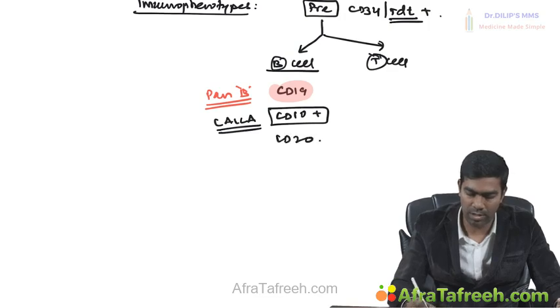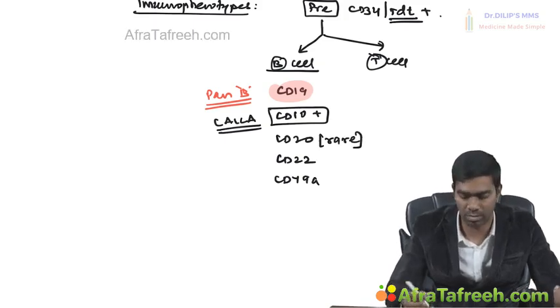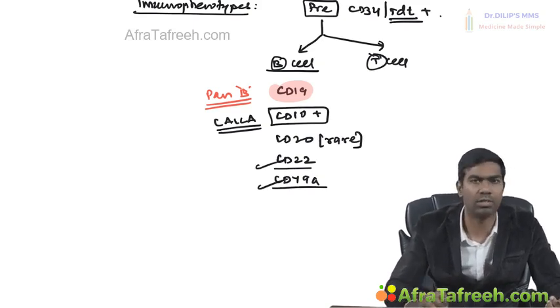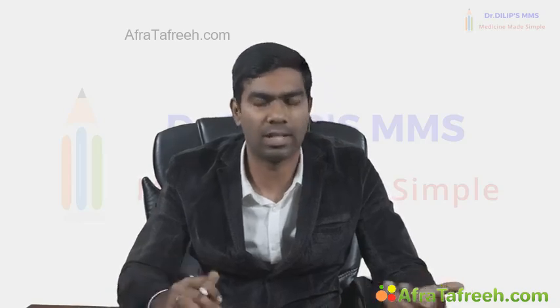That's why it's called the common ALL antigen, CALLA. And you have CD20, sometimes CD22, and sometimes even CD79A. But CD20 is generally rare because it's commonly seen in slightly more mature B cells. CD22 and CD79A, again, are very common in ALL. But the most important are CD79A, CD19 and CD10.